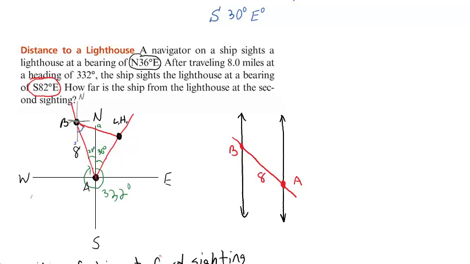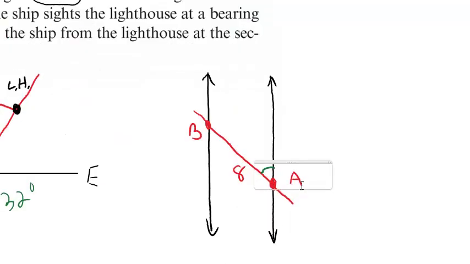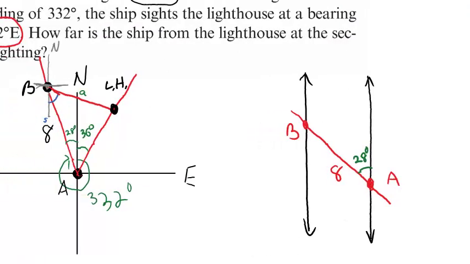So what? Well, what do I know this angle to be right here from the original picture? Isn't that the 28? Yeah. That's going to be the key, guys, to figuring out the missing bits of information from the picture. So this angle is 28. Take a look at both pictures. Does everybody see that?